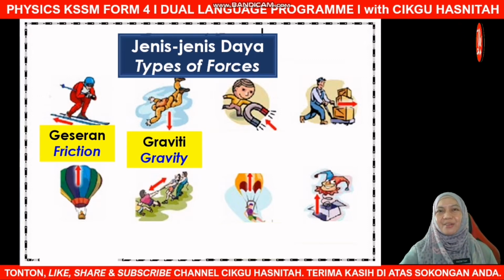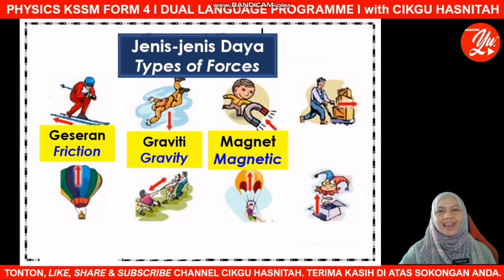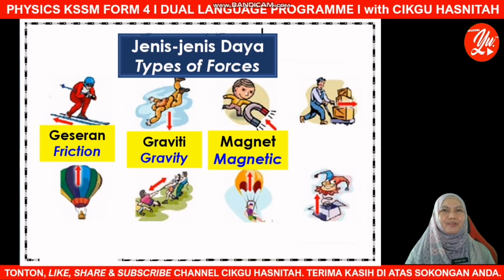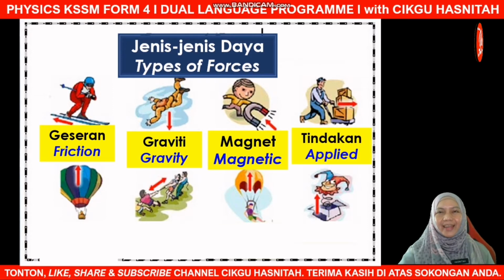How about the third diagram? Yes, that shows magnetic force. And how about the fourth one? Can you guess? A man is pushing a trolley with a load. So he applied a force to the object. So the force is called applied force.